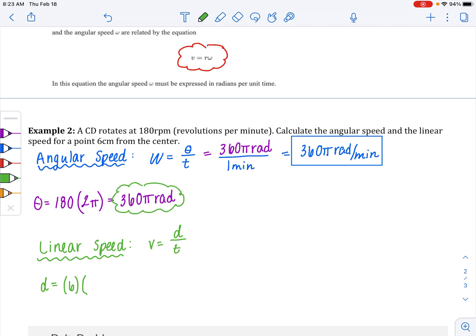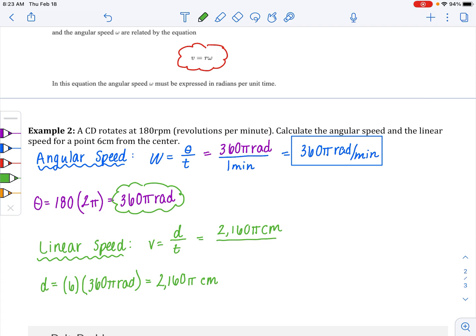So just like we did in the last problem, we're going to plug that in right here in order to find my arc length, which is going to be 2,160 pi centimeters. That is my distance, or my arc length.